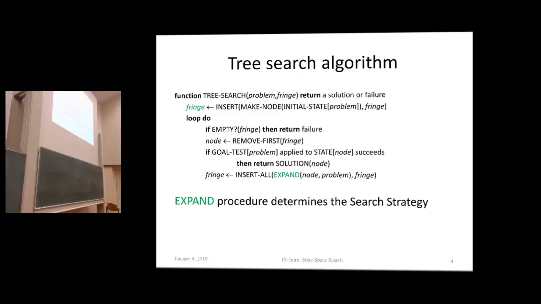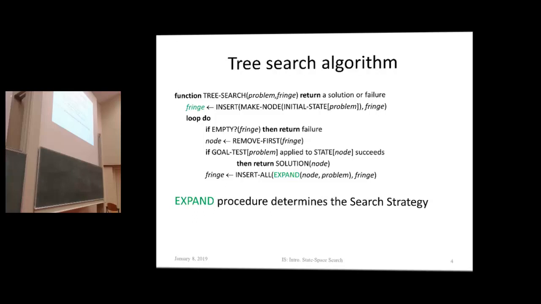And then we look at all the possible successors of this first element in the fringe, which is the only element at the time. If there is no successor for this node, we return failure. If there is a successor, which is a solution, we return this as a solution, and otherwise we have to extend our search tree.